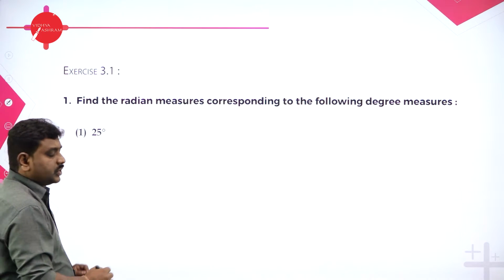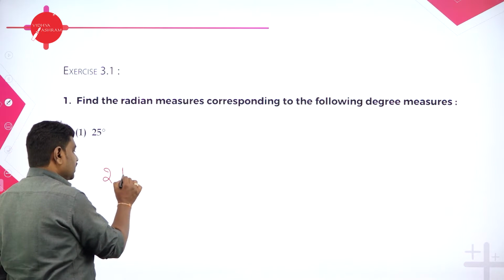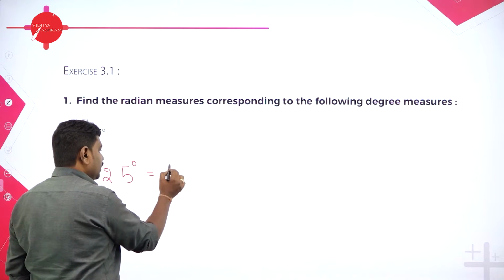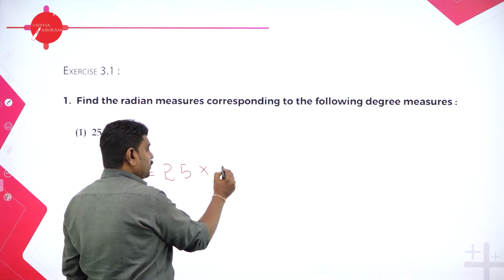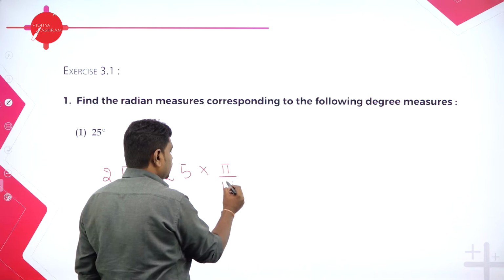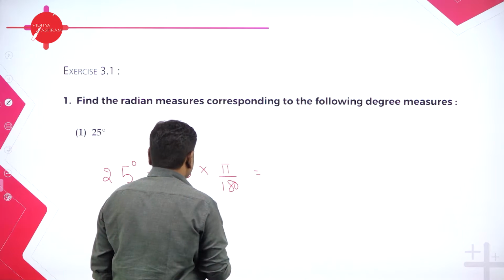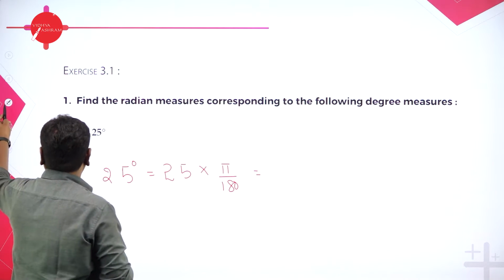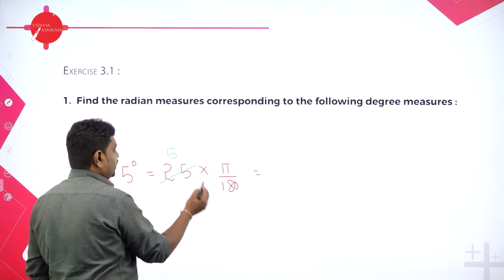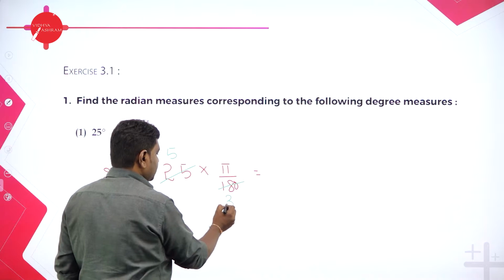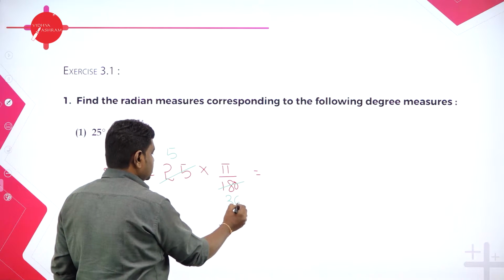25 degree. For 25 degree in radian is 25 into pi by 180. Now divisible, you can divide it. 5 5s are 25, 5 3s are 15, 5 6s are 30.